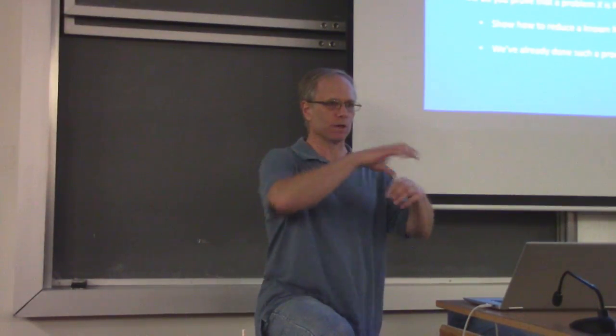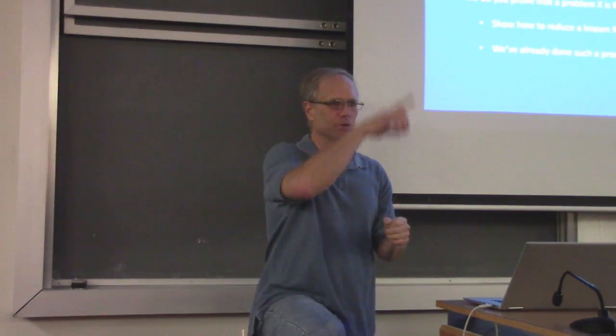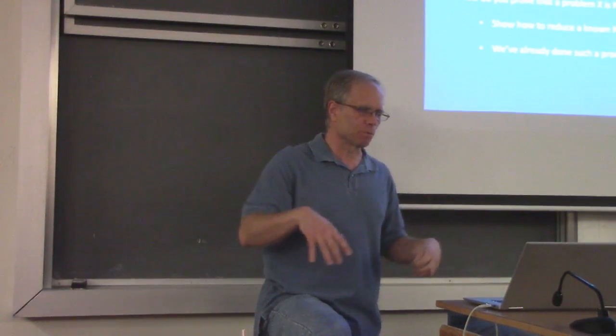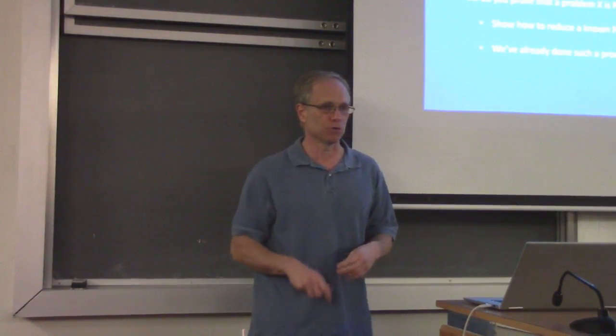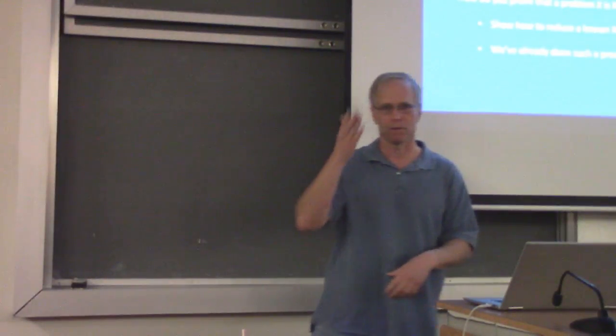And what he showed was, it's unlikely you're going to find algorithms for them because they form this equivalence class of NP-complete problems that are all reducible to each other, and solving one is tantamount to solving them all. So before, people could work on each of these problems and not realize there was a connection between them. He showed there was this important connection between them. It makes it unlikely that any of them can be solved.